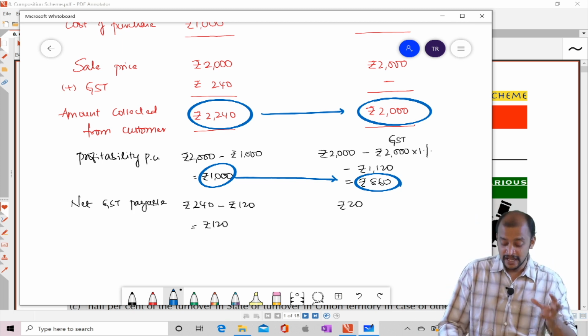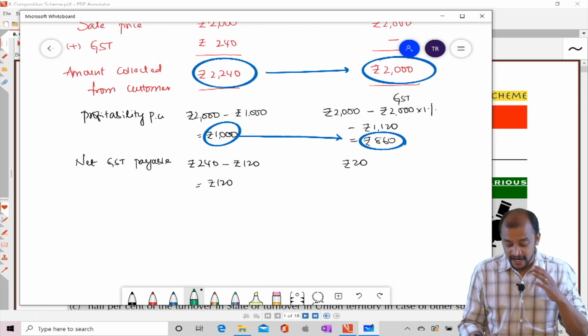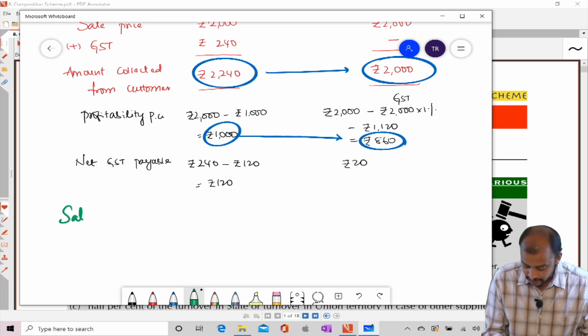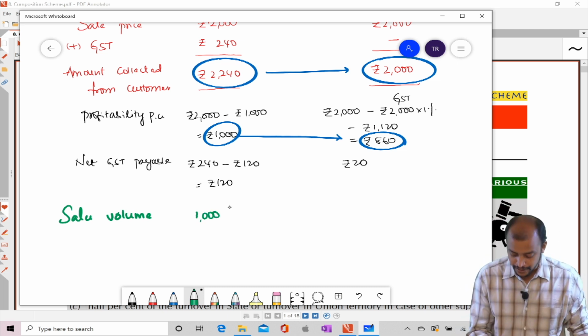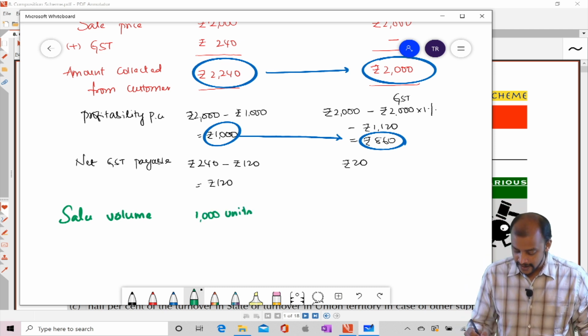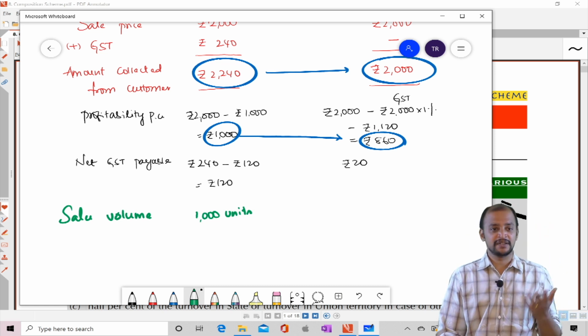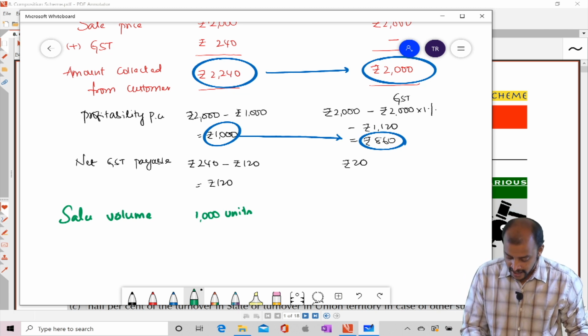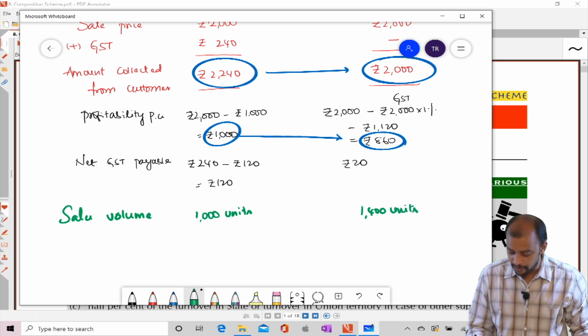Suppose there is a person who is not opting for the composition scheme, and the sales volume is say 1000 units here, whereas because another person is opting for the composition scheme, the sales volume will definitely increase, and say that goes to 1400 units.